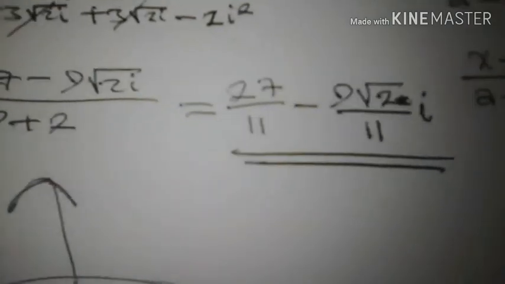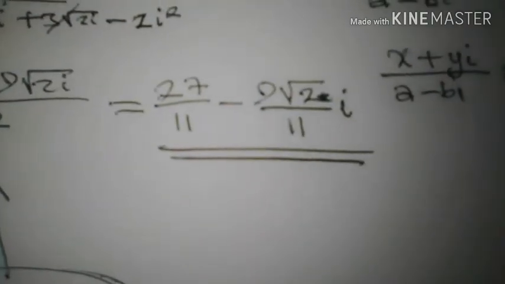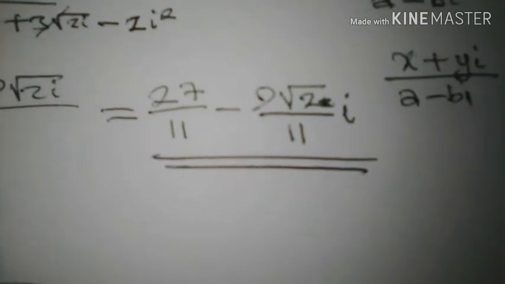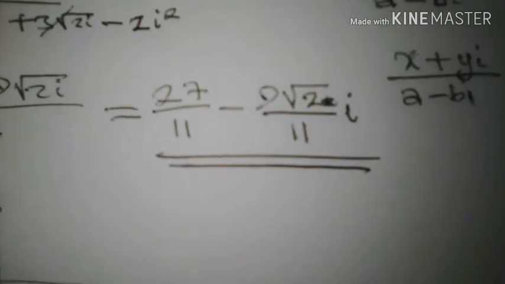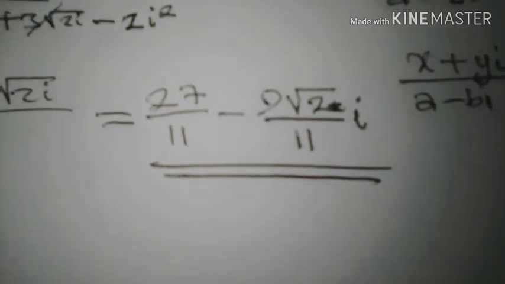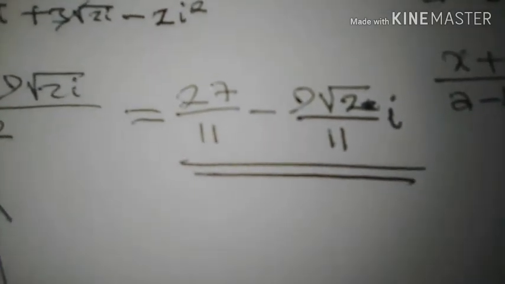Then from there we need to know that 9 plus 2 is 11, so 11 is going to be split: 27 over 11 minus 9 root 2 over 11, then i. That's going to be our answer.